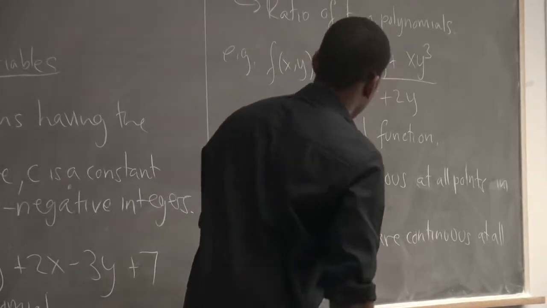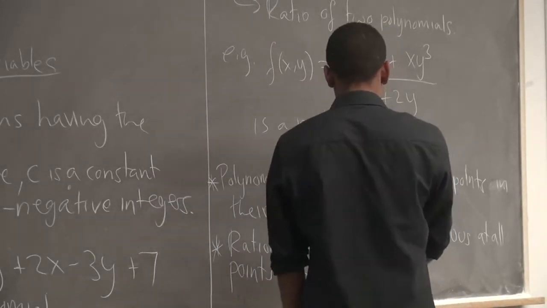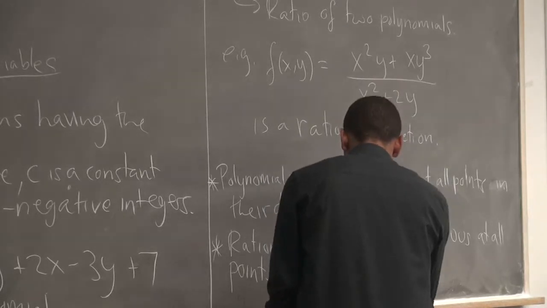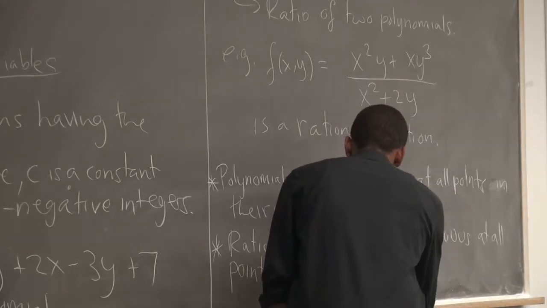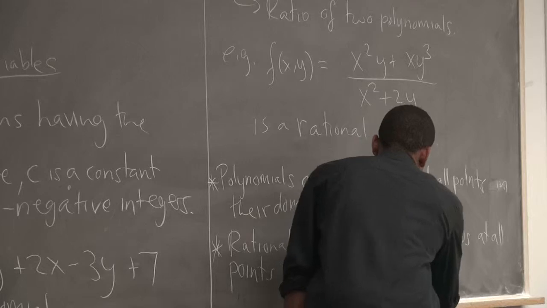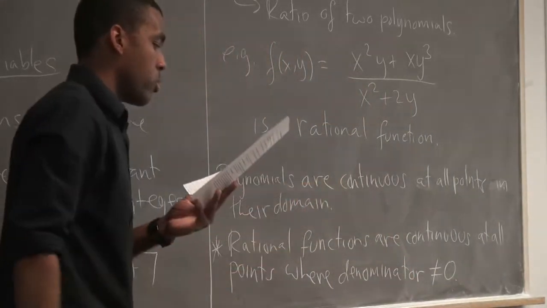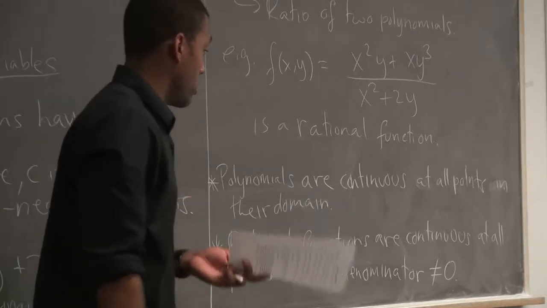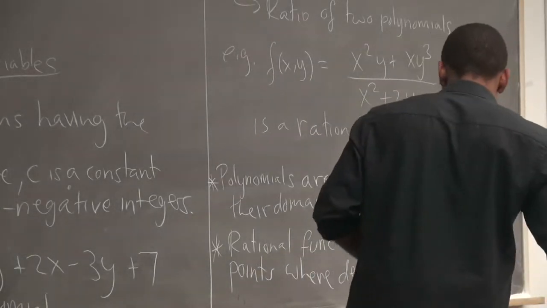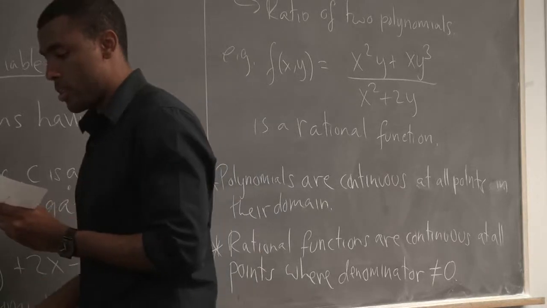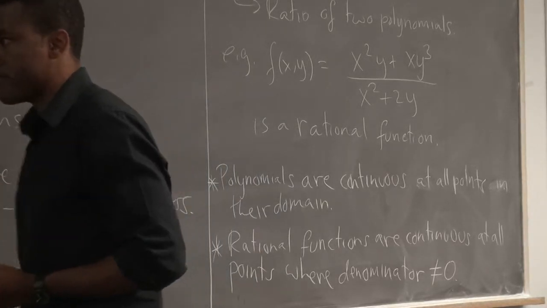Right, so you divide by 0. The denominator is not 0. Alright, so you have to sort of shy away from such points. So therefore, we can do a couple examples of limits.